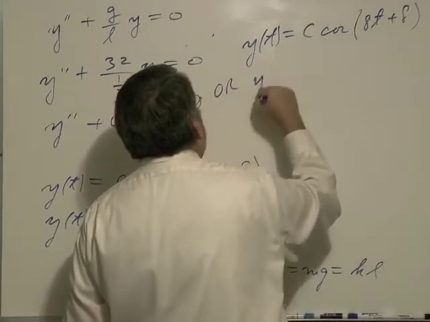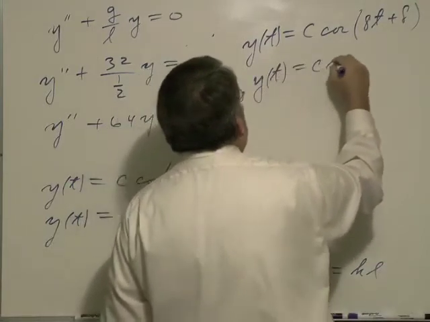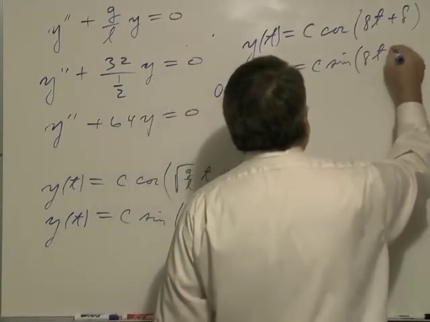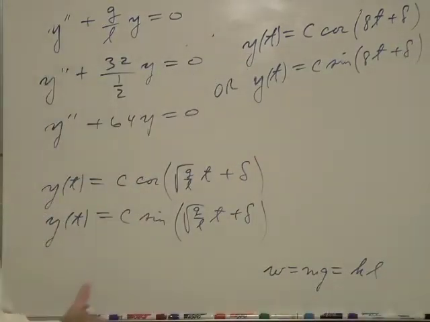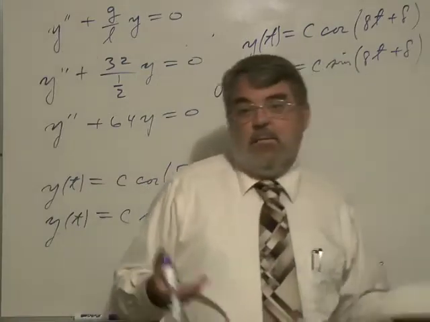Or we could write it as y of t is c sine 8t plus delta. There we go. We have a choice. And what choice would you use? Well, let's look at the problem.